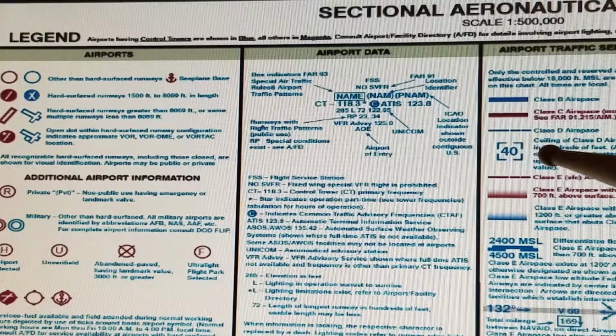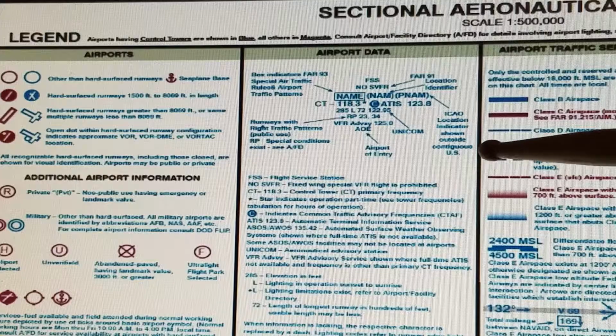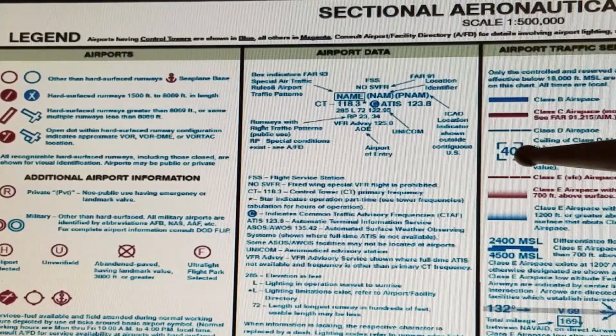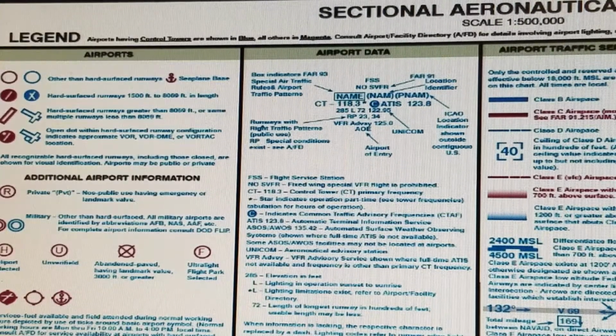It says ceiling of class D airspace in hundreds of feet, and there would be a minus sign if it falls into another classified airspace. That means it would be a minus sign, meaning 39.999, and does not go to 4,000 feet.